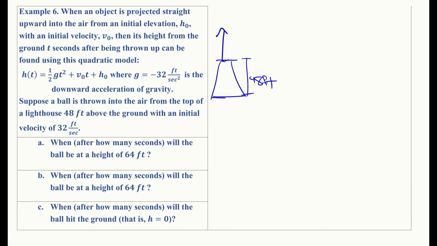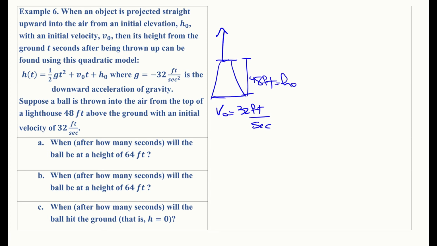and the initial speed v0 is 32 feet per second, and this was h0 right here, right?